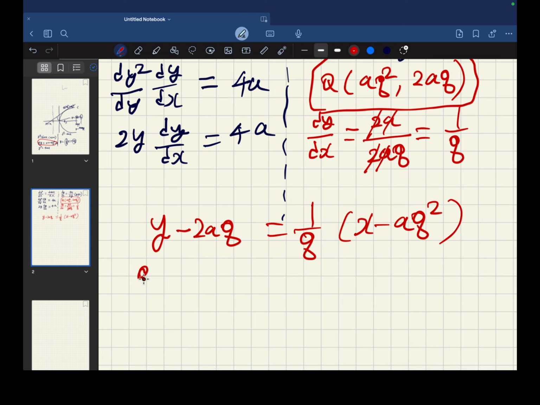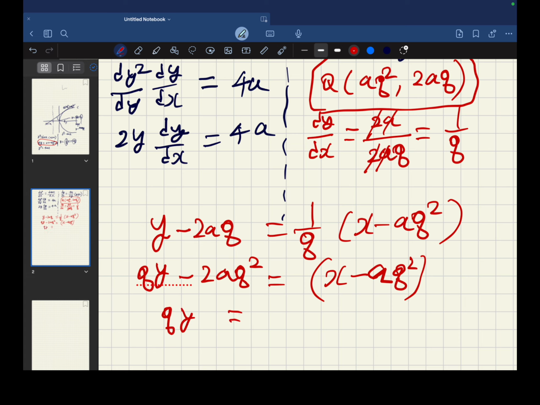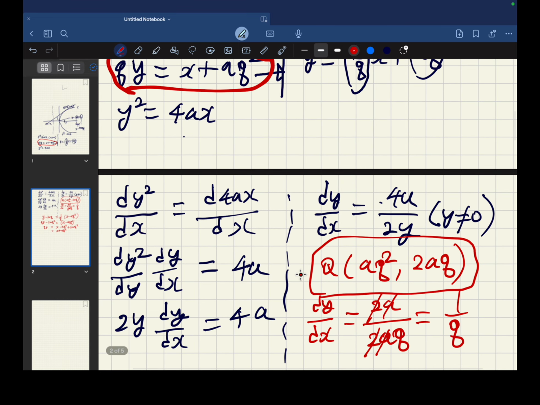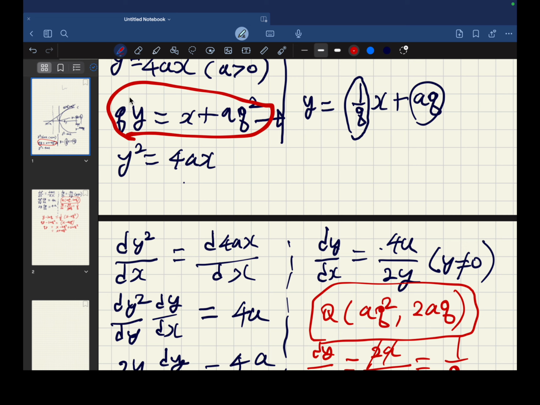Okay, so we multiplied it: qy is equal to x minus aq squared plus 2aq squared, which is equal to x plus aq squared. And the problem is solved. This is the same.